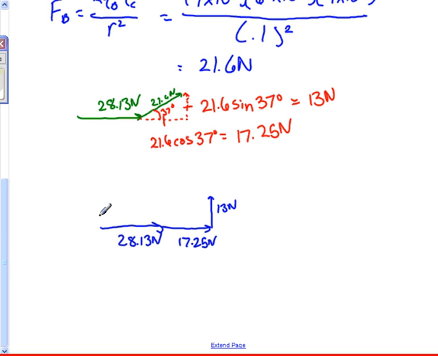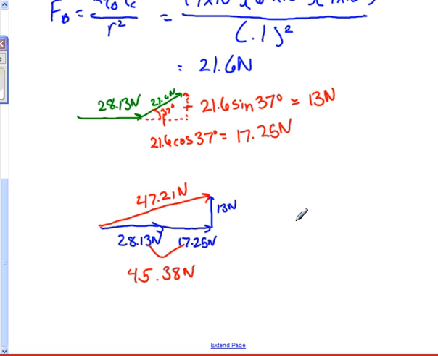The actual vector that we want is this vector right here. Putting these two together, I can do it in my head: 28.13 plus 17.25 is 45.38 newtons on this side, and 13 newtons here. Using the Pythagorean theorem, you would end up getting that this is 47.21 newtons.